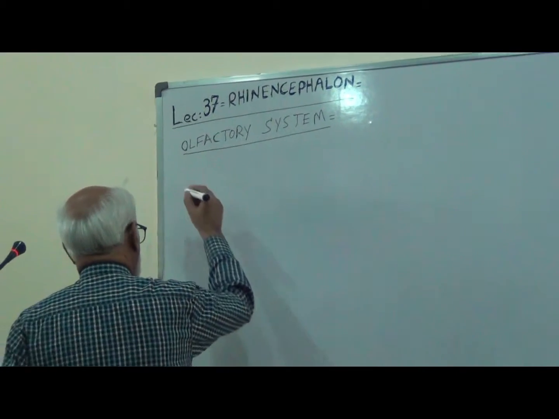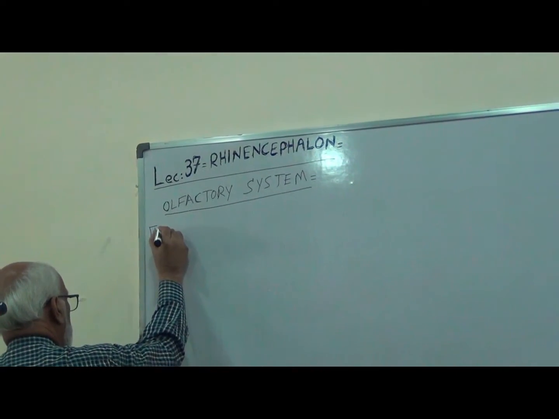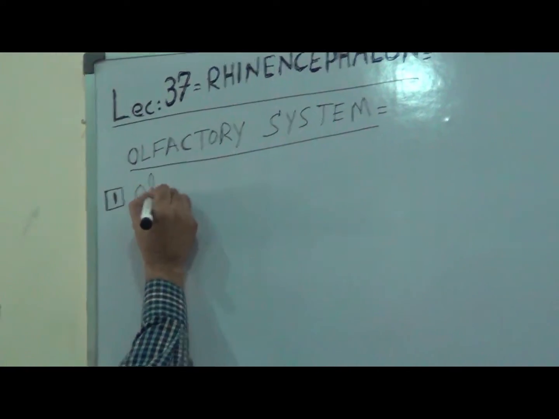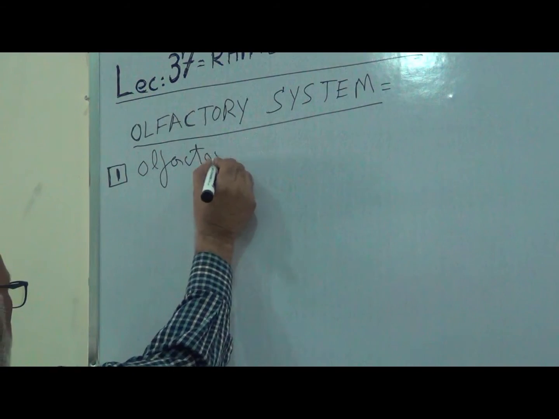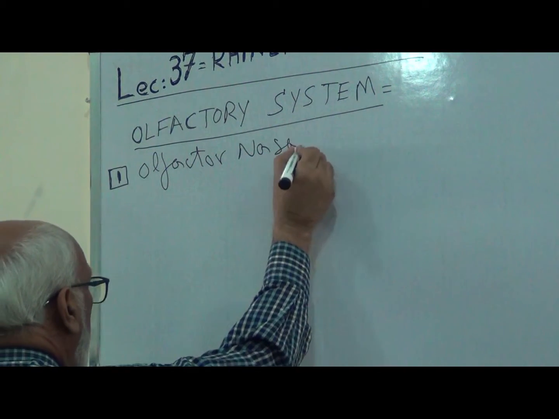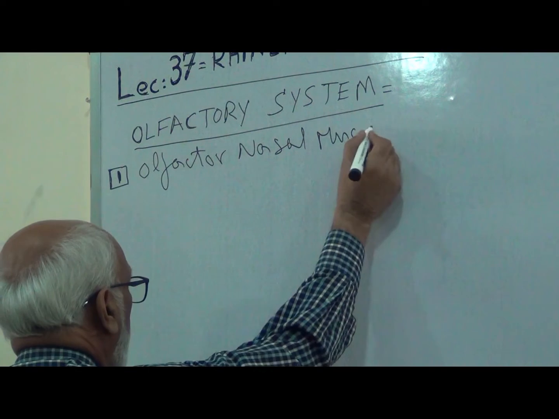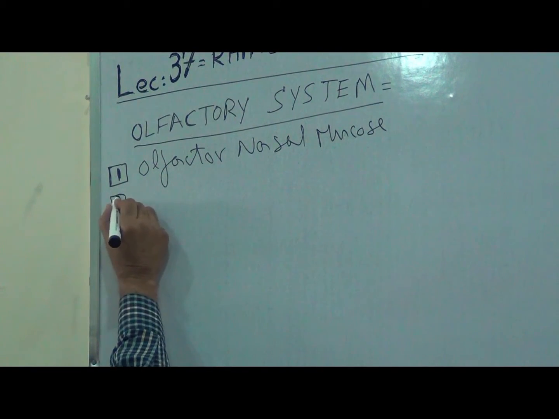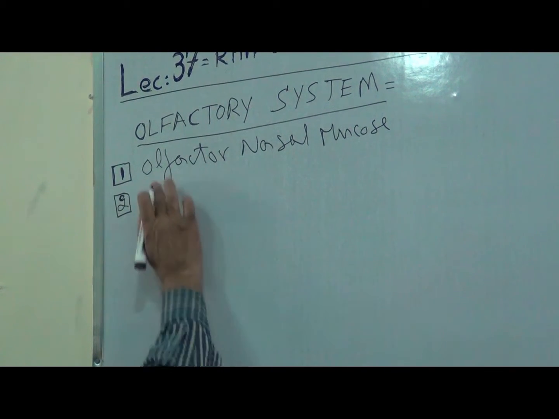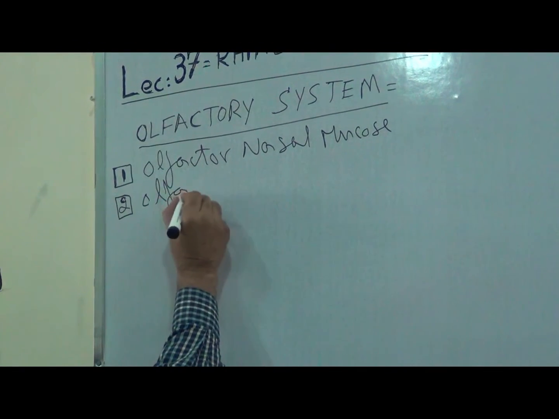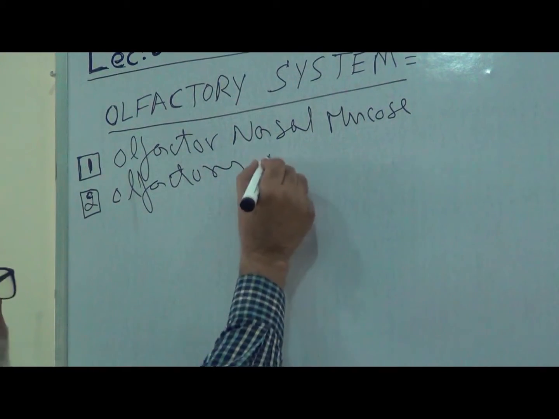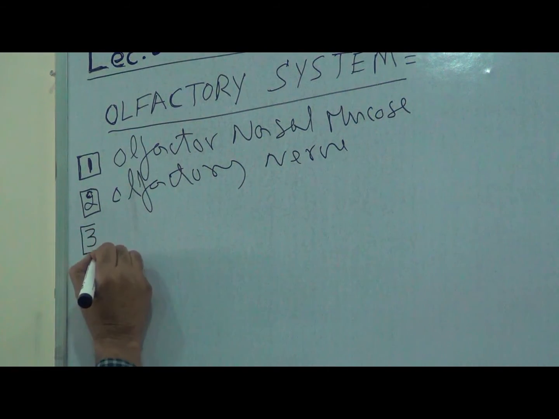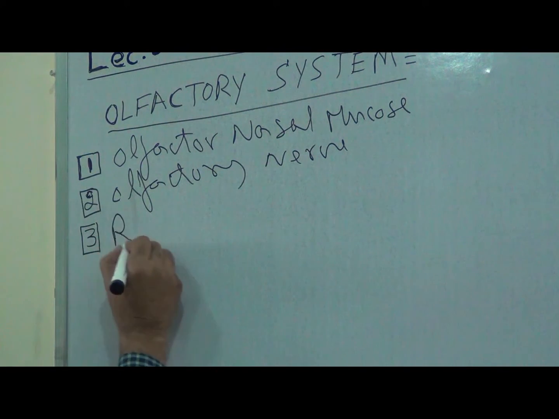The olfactory system consists of the olfactory nasal mucosa, then the first cranial nerve, the olfactory nerve, then different parts of the brain collectively known as the Rhinencephalon.